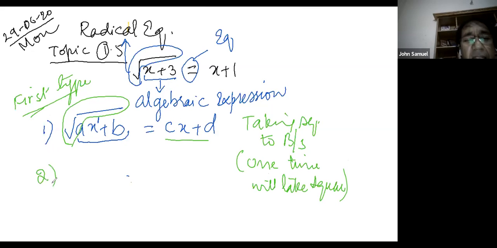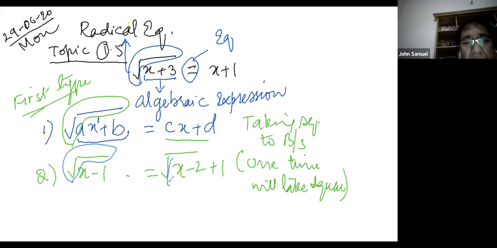The second type is what? You will find the radical sign throughout the equation. I'm giving you an example like square root of x minus 1. Similarly, on the other side, square root of x minus 2 plus 1, again the radical sign is there. You can see the radical sign is on both sides, this side and this side.